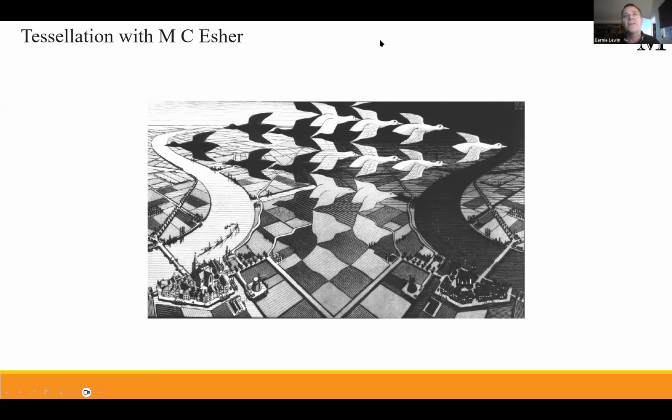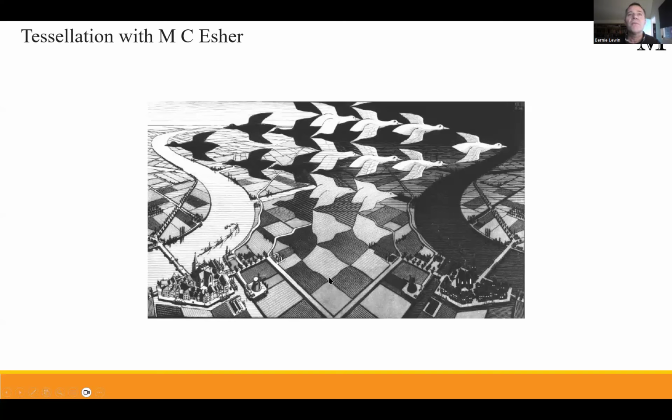In this diagram, we can see how the black figure of the fields becomes the ground as you move up, the background of the birds in the sky, and these birds in the sky become the lighter shaded fields in the drawing below.